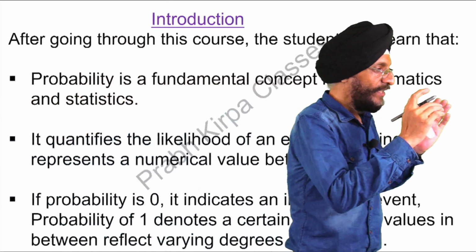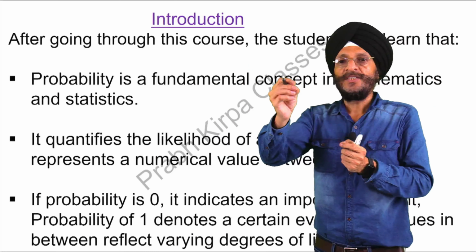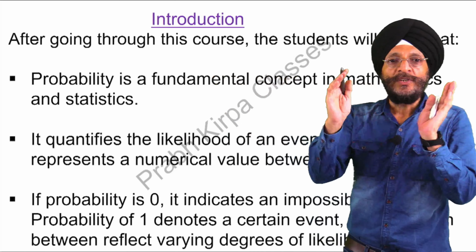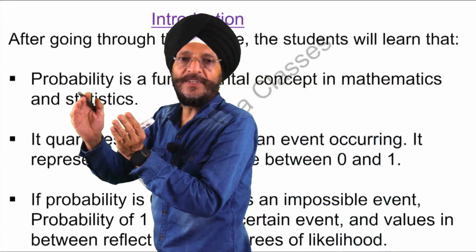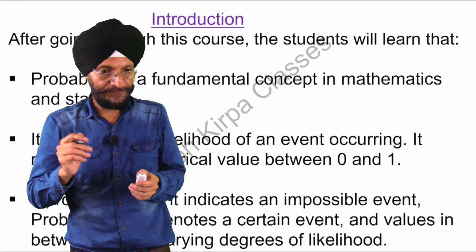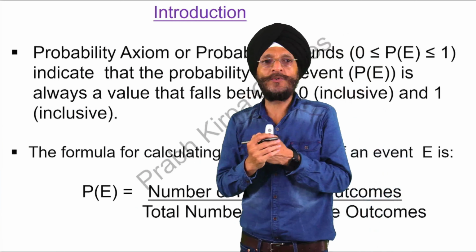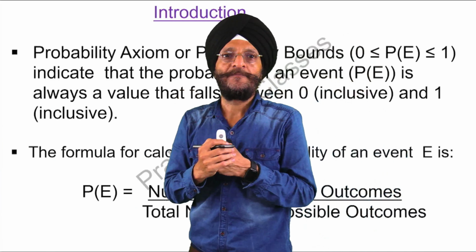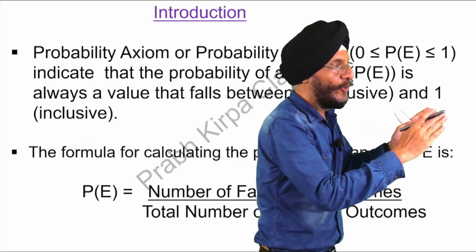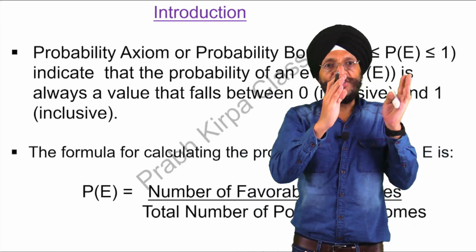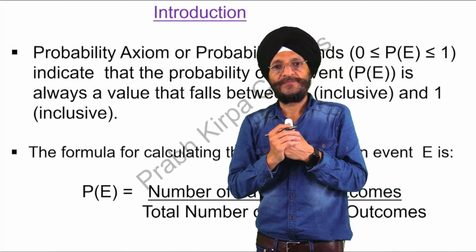If there is a probability between 0 and 1, say 0.5, it shows the varying degree of likelihood of the occurring of the event. Probability axiom or probability bounds indicate that the probability of an event is always a value between 0 and 1, both inclusive.